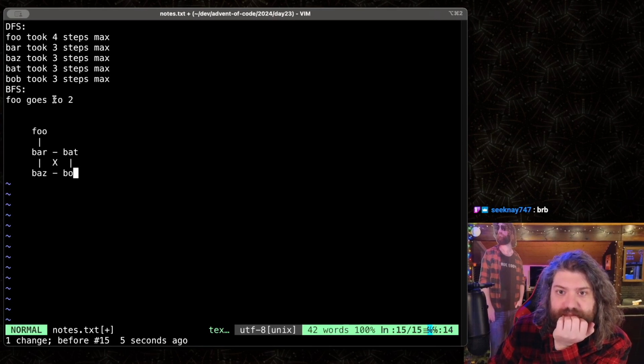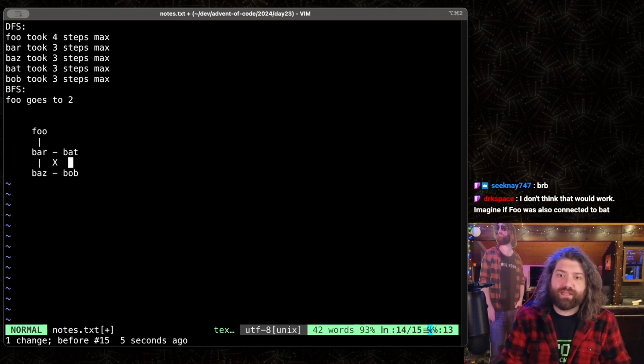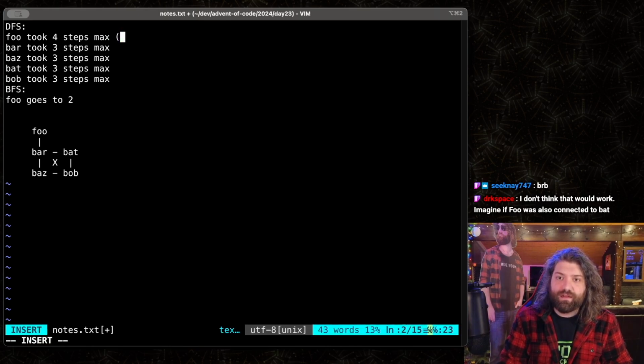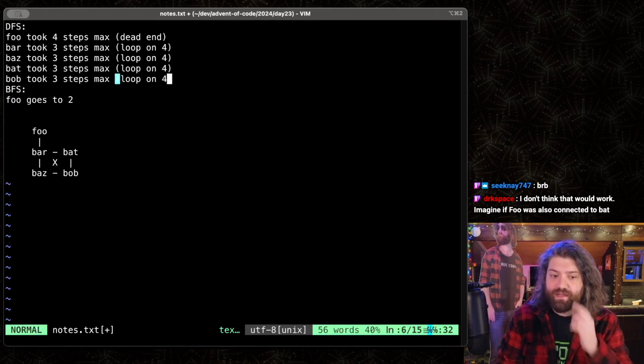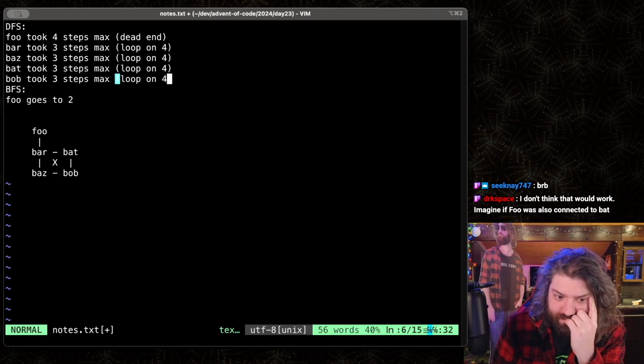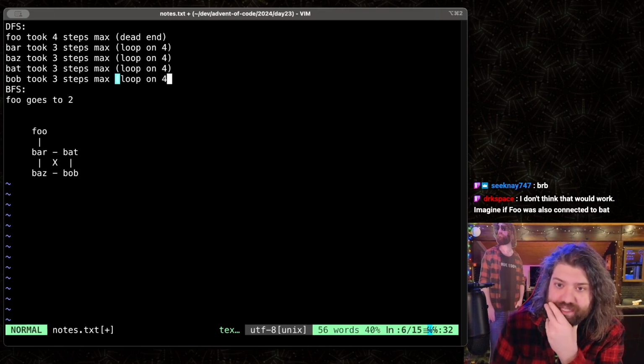Oh no, foo can't get back to itself. No, foo can't. Foo can take 4 steps and then dead end. This can take 3 steps, loop on 4. Yeah, no, that's actually kind of key. We'll get there. Don't worry, I plan on changing this example around.